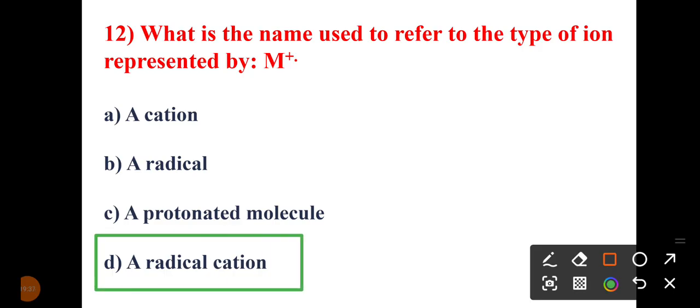Cation is there, and radical is also there, so combined it is called the radical cation. It is also called the molecular ion peak. This is the only peak in your spectra which gives the molecular mass of your compound.